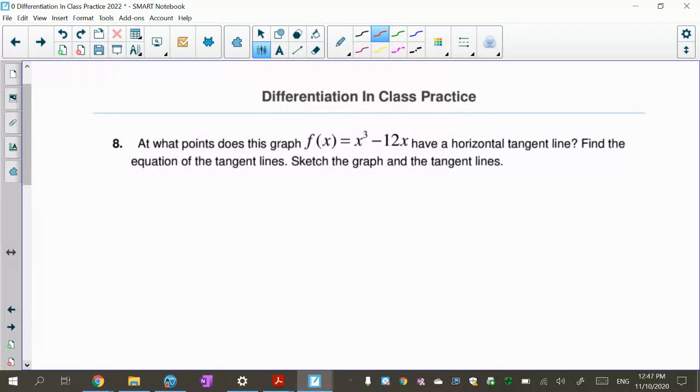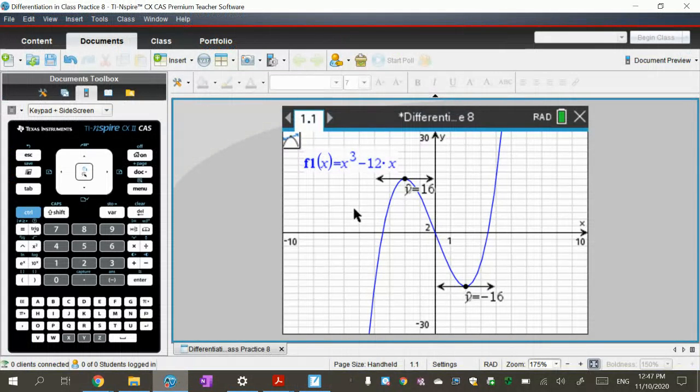Well, first of all, I'll show you that I actually did this on my graphing calculator. And when you graph this, you can tell by looking at it that it looks like it happens at -2 and at +2 that they have a zero slope.